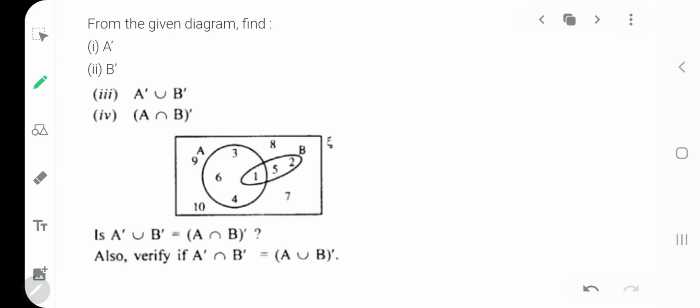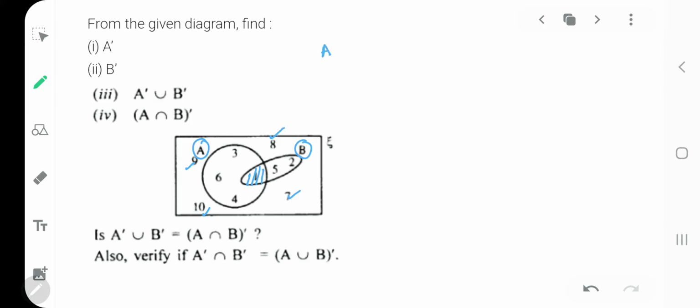Now the concept is the same. The only numbers and figures will differ a little bit. This is the intersection, that is common. This is set A, this is set B, and outside are the numbers which belong to the universal set.